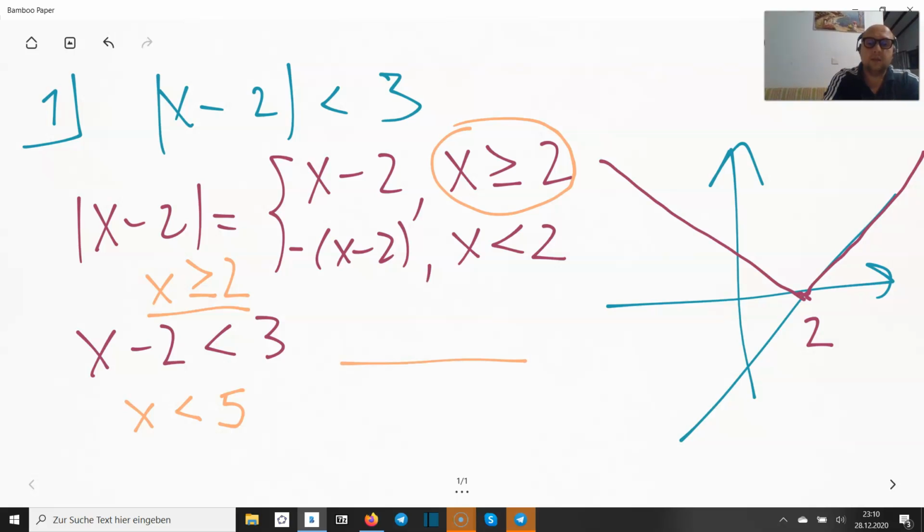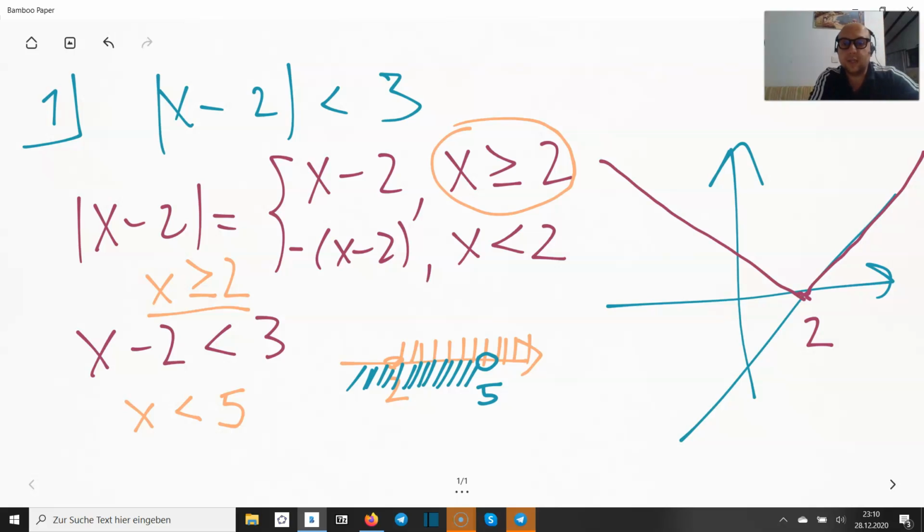That means we are living from 2 into infinity, and the inequality says you must be less than 5. You aren't 5, you are just going down. So there is an intersection between 2 and 5. So x is from the interval where 2 is included and 5 is excluded.